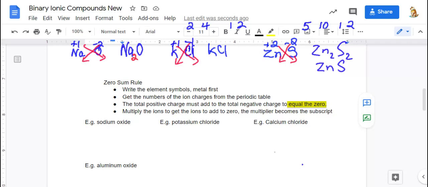So sodium and oxygen. So Na, we know, has a charge of +1. Oxygen has a charge of -2. We can bring the total positive charge up to +2 by multiplying by 2.